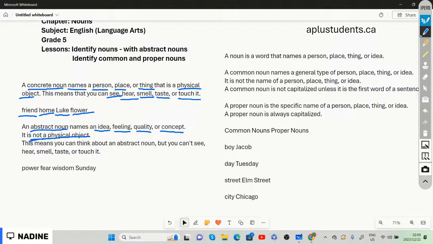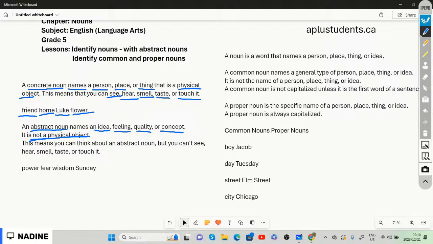So a concrete noun names a person, place, or thing that is a physical object, and these are things that we can see, hear, smell, taste, or touch. But an abstract noun, on the other hand, names ideas, feelings, qualities, and concepts.